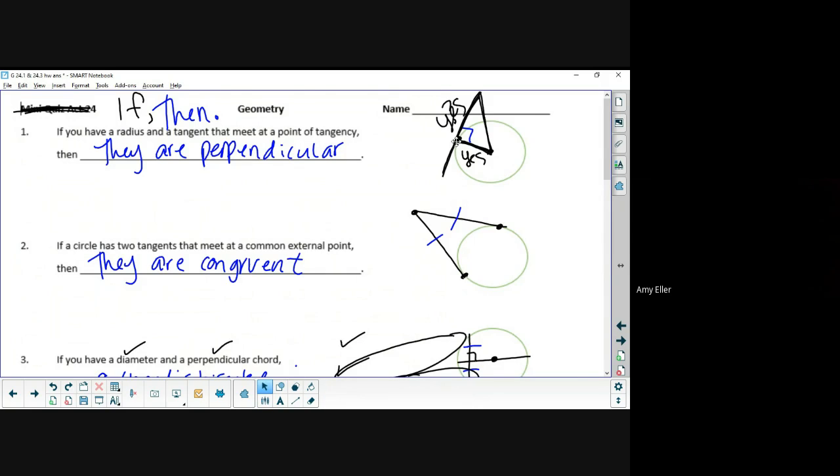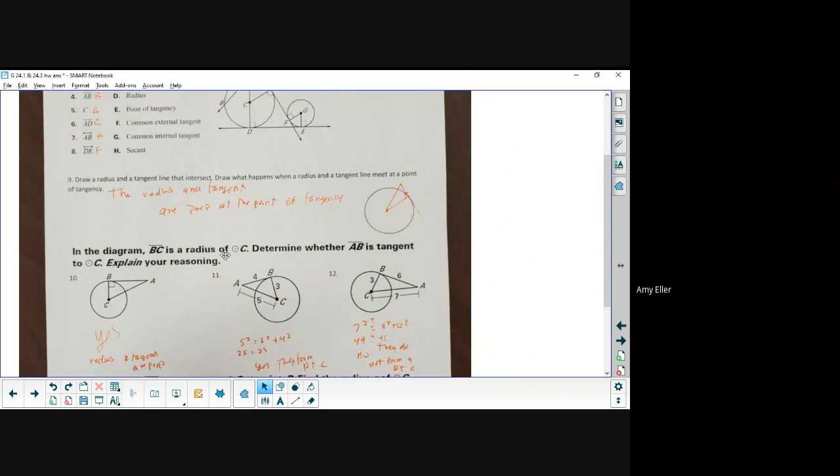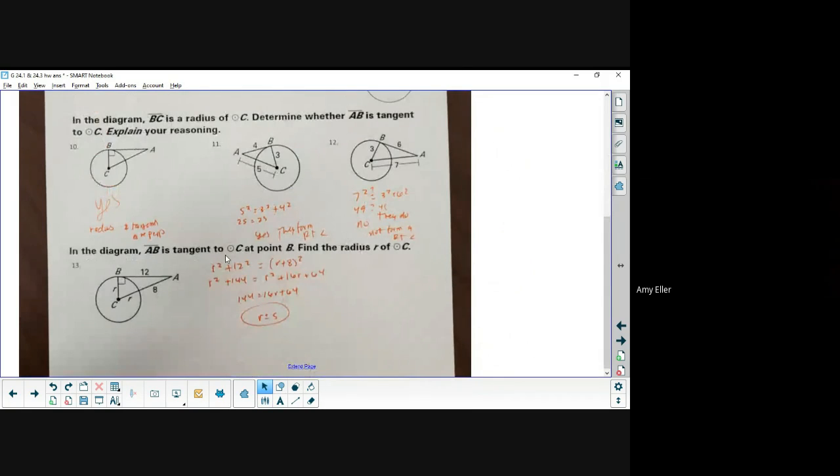So let's take a look and see. Number 10. I know this is a radius, and I see that they are perpendicular. So absolutely, yes, that is a tangent because they're perpendicular. 11. I don't see a right angle symbol, so I don't know.